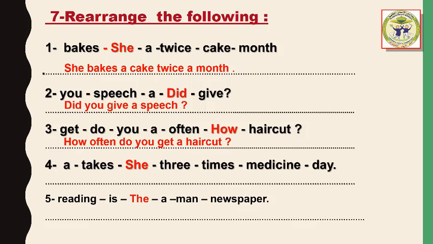Number 4, a takes she 3 times medicine day. In this sentence, you will begin with the pronoun she. So, what's your answer? Yes, excellent. She takes medicine 3 times a day.